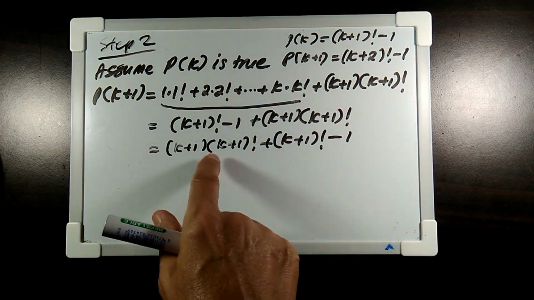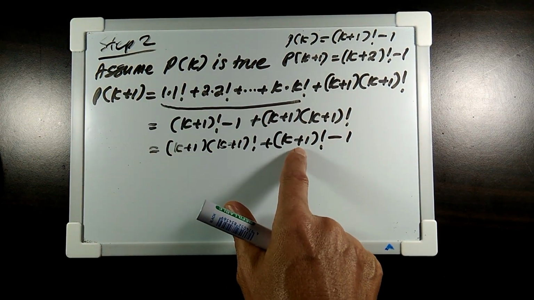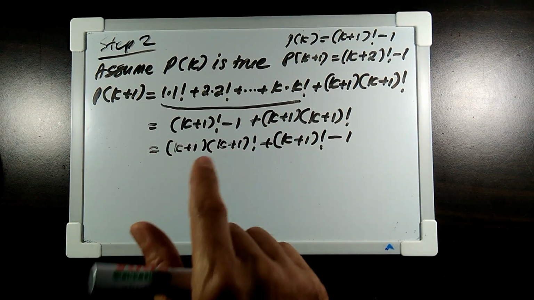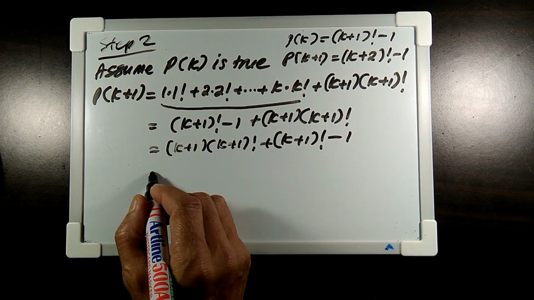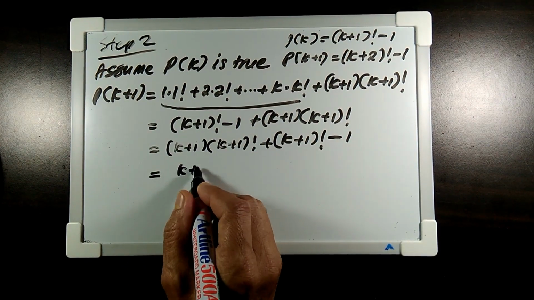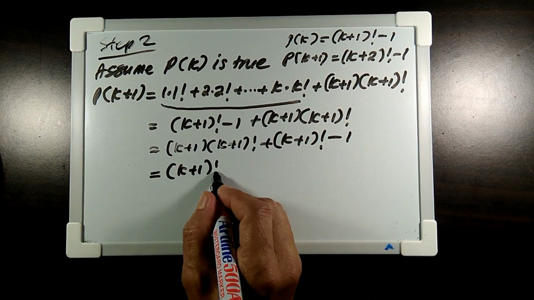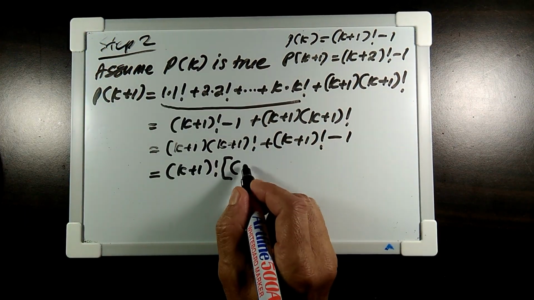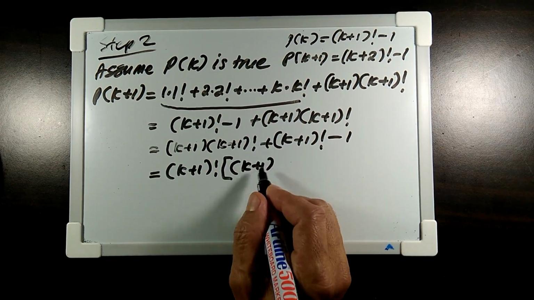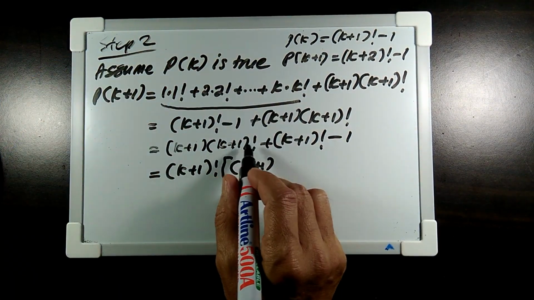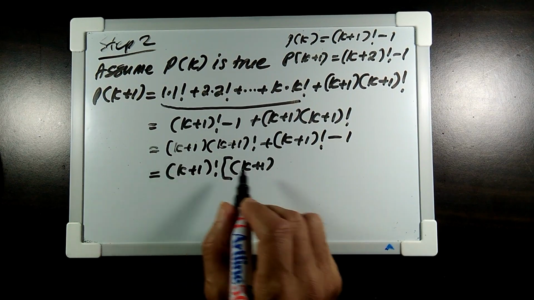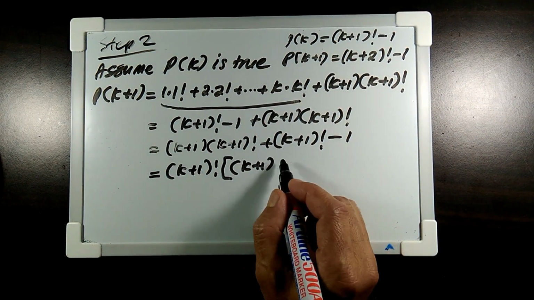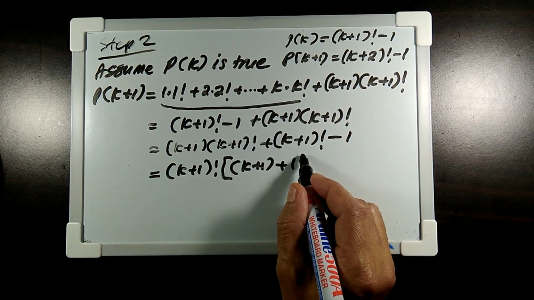From these two expressions, we have (k plus 1) factorial in both, so maybe we can factorize that. So equal to (k plus 1) factorial, then in the big bracket, what's left from this term is k plus 1. From this term, after you take out (k plus 1) factorial, you're left with 1, right?